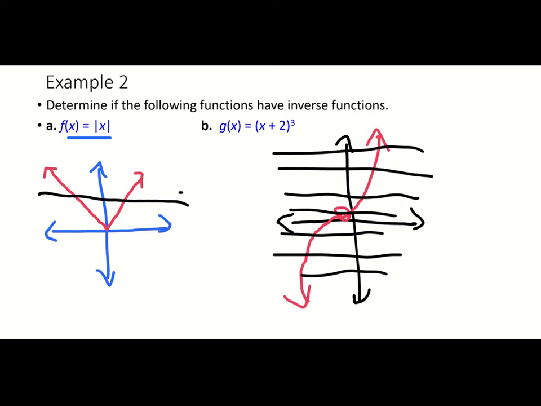So that does mean that while yes, it is a function, the inverse of that function is also considered a function. So the inverse is also a function. And in the next couple slides, we're going to look at how to find the inverse of a function like this or similar to this.